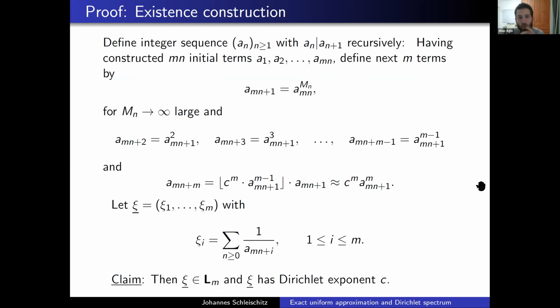Okay, I see. So in your construction, do you also know what happens at each step, or only at the limsup? I think I don't have a complete description of all best approximations, but I have an idea. I know where the good approximations occur, the ones that will induce this Dirichlet exponent.